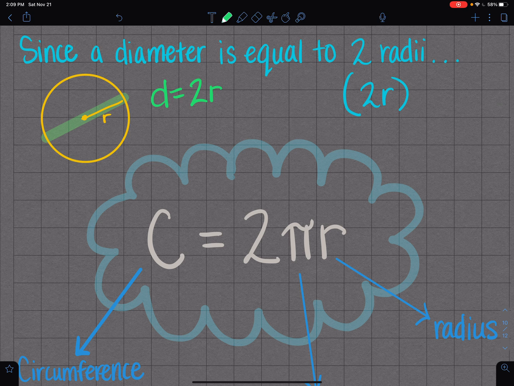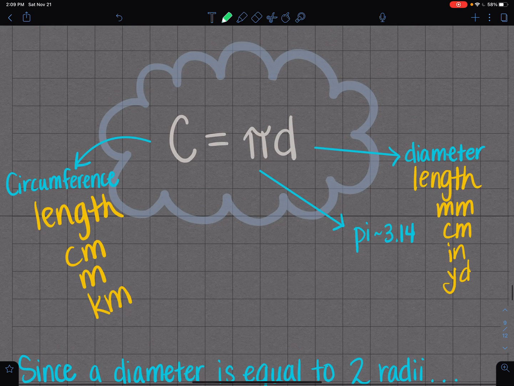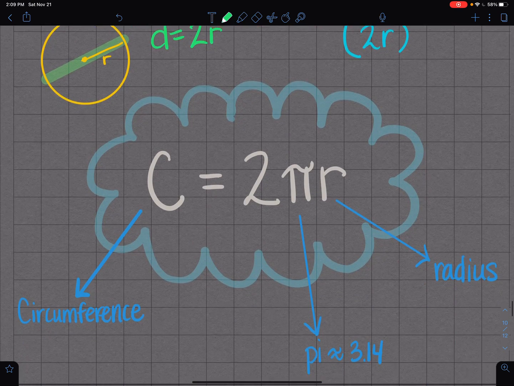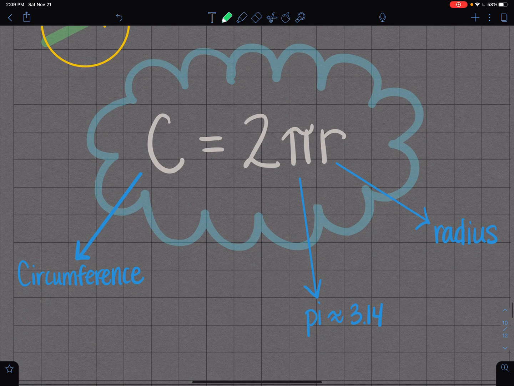So instead of writing pi times d, and you already have this just dripping off your tongue, it's already embedded into your brain, you could also memorize this guy. And instead of the d, we put a 2 and we put an r, because 2 times r is the same as d.